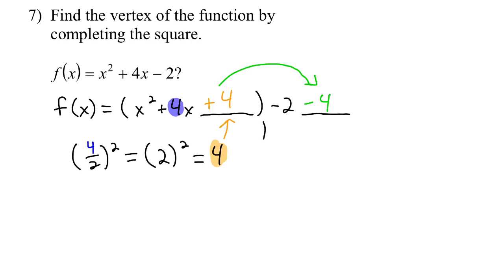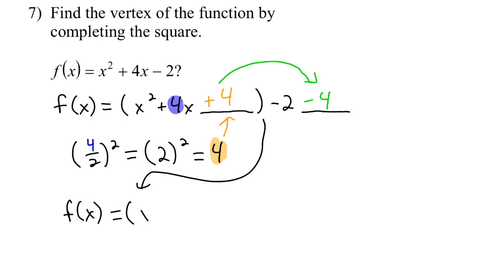Alright, so now I'm going to take the function, I'm going to factor what's in the parentheses and combine what's not in the parentheses. You can use any method of factoring that you want: factoring by grouping, the generic rectangle, the diamond problem, or the Xbox. Or just remember that because we have x squared here, this is just going to be x.